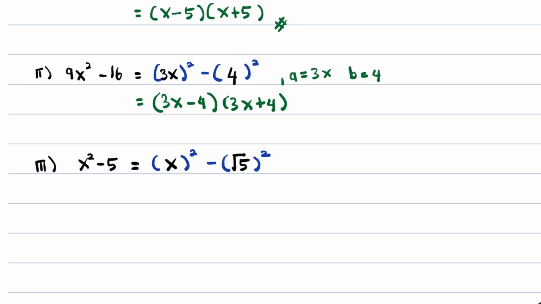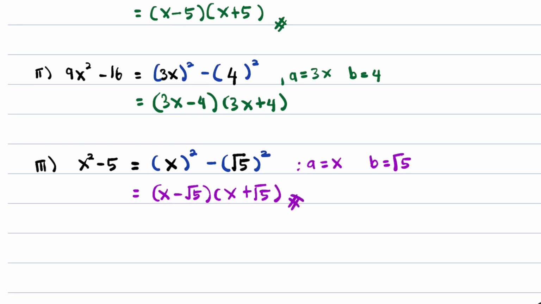So now you can identify your a as x and b as square root 5. Then you simply substitute: x minus square root 5 multiplied by x plus square root 5. Okay, so that is your factorized completely.